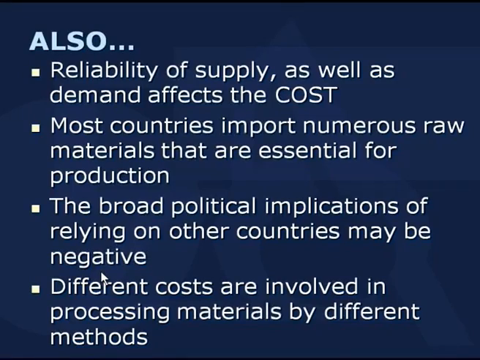Now, different costs are involved in processing materials by different methods, and that also has to be taken into account. Because if there are 3 materials, when we have to process them into a particular product, processing material A would incur a different cost structure, processing material B will have a different cost structure and processing material C will have a different cost structure. So, the processing will have a bearing on the cost structure of the final product.